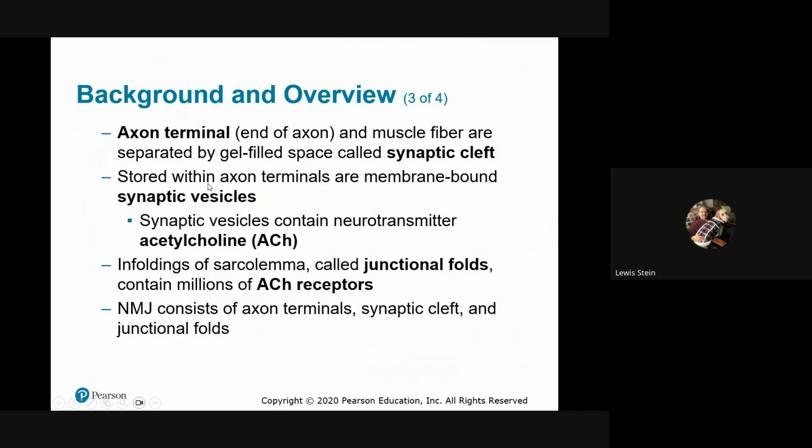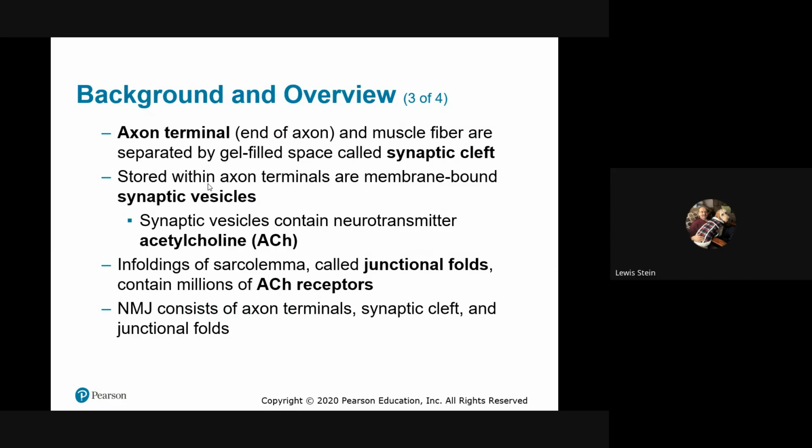And you're going to see stored within the tip what are called synaptic vesicles. A vesicle is any piece of membrane storage. You're studying exocytosis, and you should be for this exam. Exocytosis basically is spitting stuff out of the cell. All that stuff that's getting spit out are little membrane-bound packages.